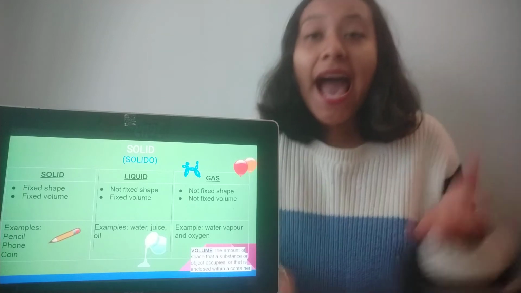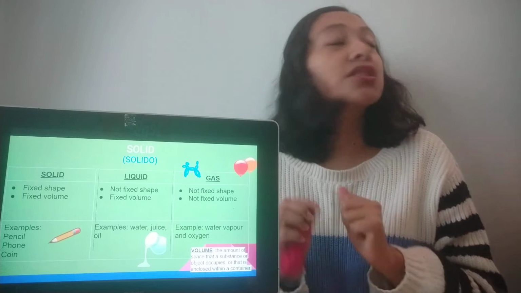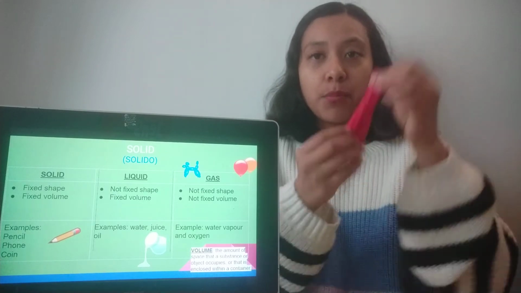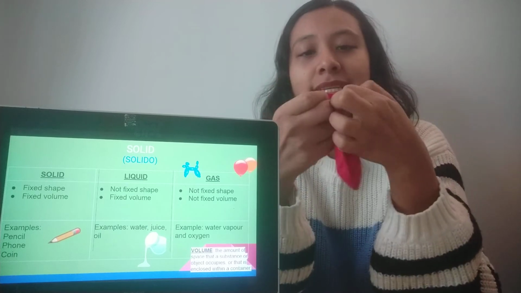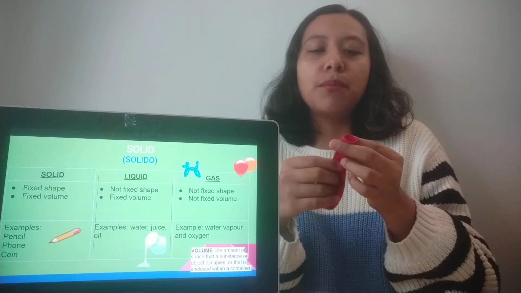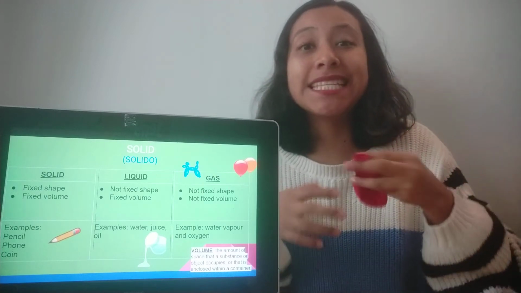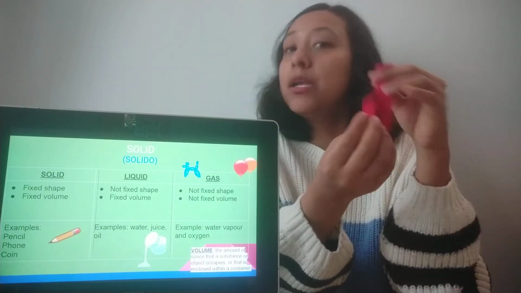Now for gas, it does not have a fixed volume, and it also does not have a fixed shape. So for example, I have a balloon right here, see? The balloon, you could say that it's a solid, all right? But when you put some gas into the balloon, it changes the shape and the volume. It has no volume right now, and it has no shape.